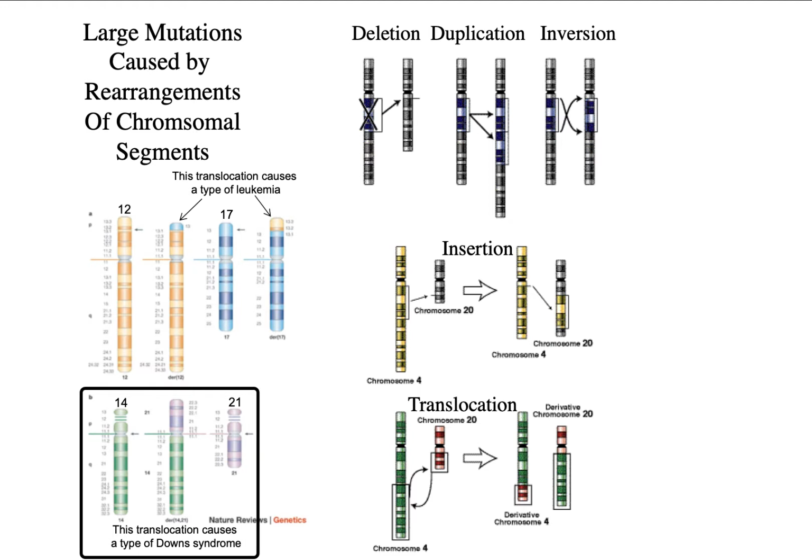Also, there's a crossover between chromosome 14 and 21 that causes a type of Down syndrome. Normally people think of Down syndrome as being trisomy of 21. In this case, the individuals are diploid, but part of the chromosome 21 has been exchanged with a different chromosome, and that also causes Down syndrome symptoms.